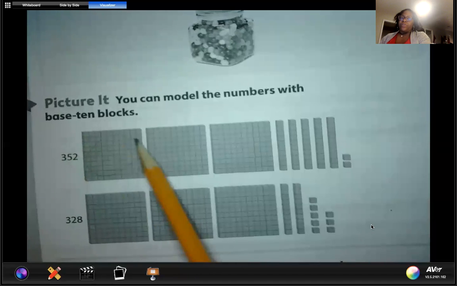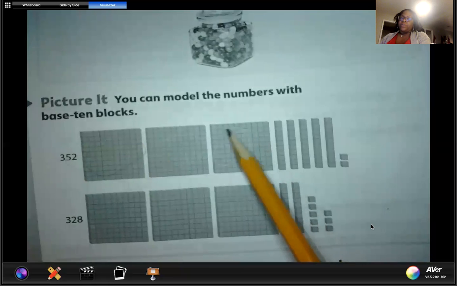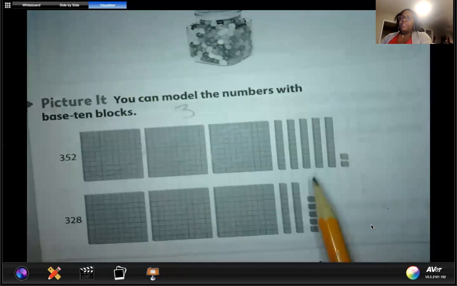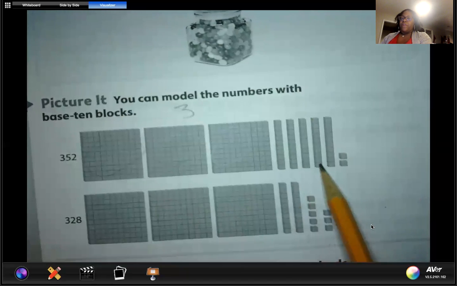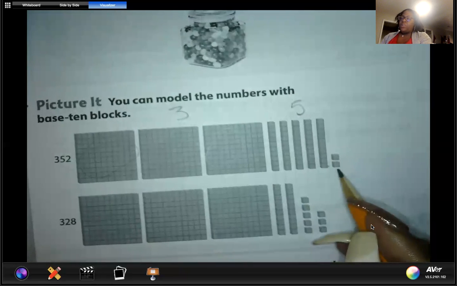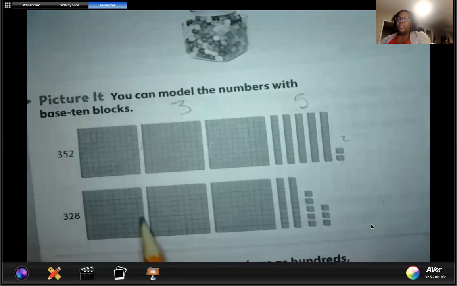So we have 100, 200, 300. So we have 300. How many 10s do we have here? 10, 20, 30, 40, 50. And how many ones do we have here? We have 2 ones.